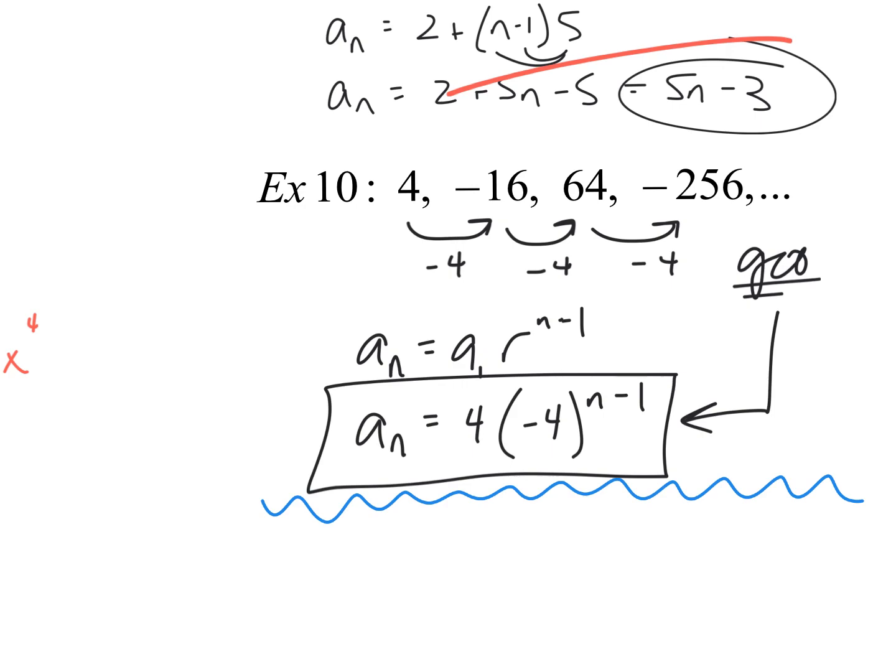What if I did that trick where I numbered all these terms, 1, 2, 3, 4, and it keeps going? I think you can pretty easily notice 4 to the first is 4, 4 squared is 16, 4 to the third is 64, 4 to the fourth is 256, but the signs are alternating. This is positive, this is negative, this is positive, this is negative.